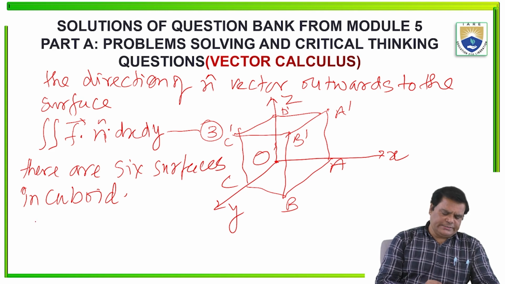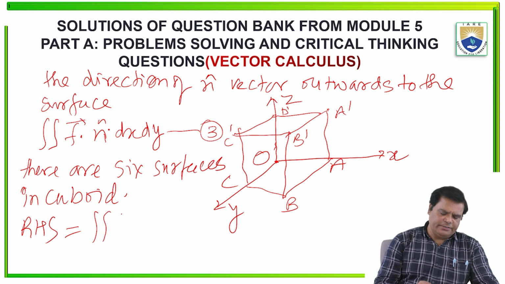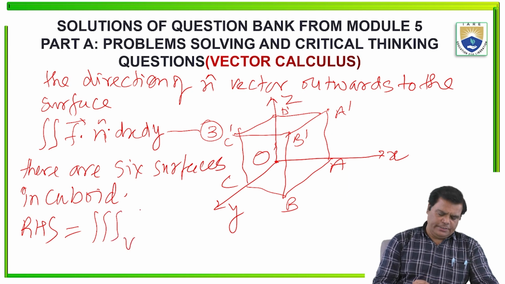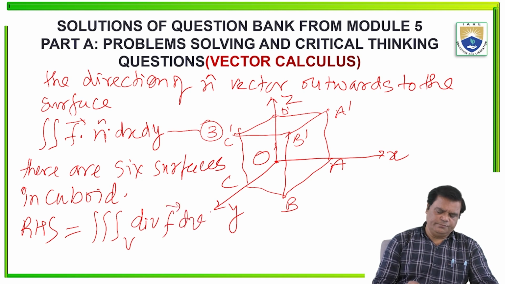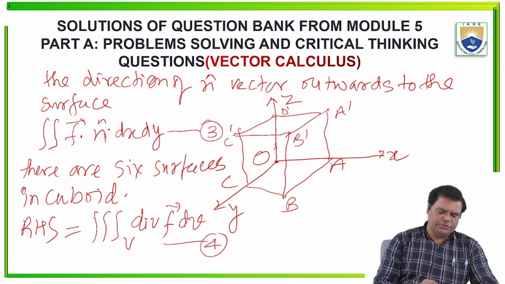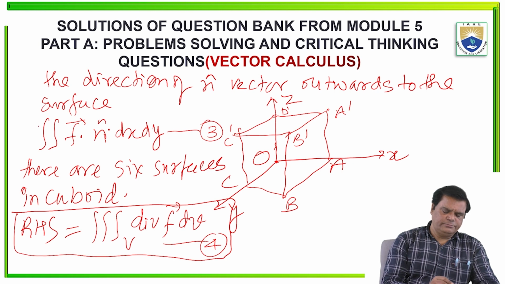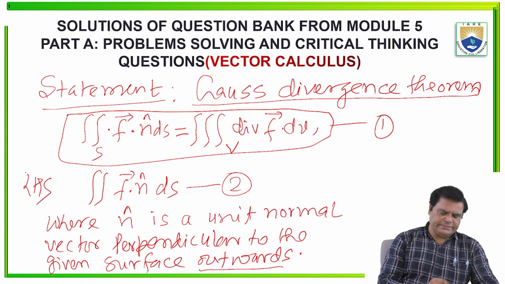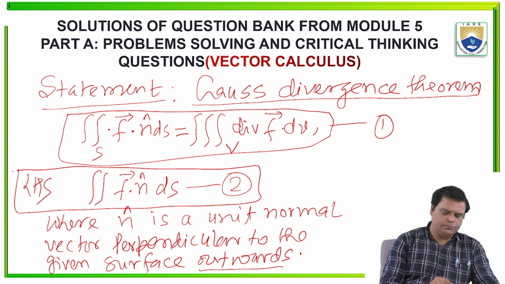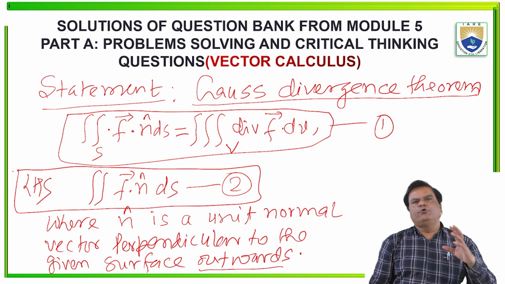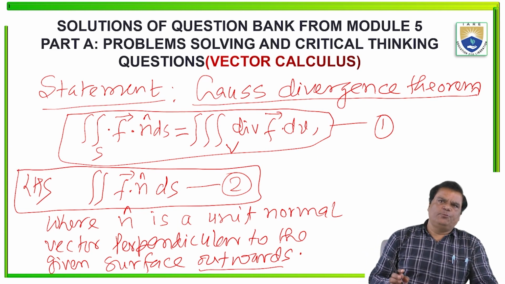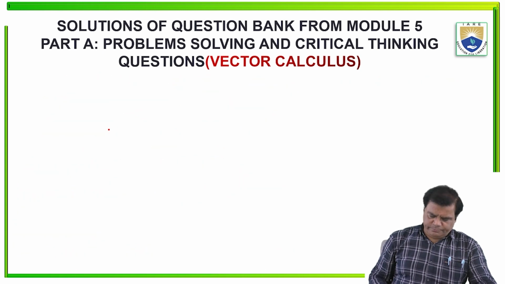This is the LHS. Now the RHS is the triple integral over volume V of divergence F dV. This is equation 4.